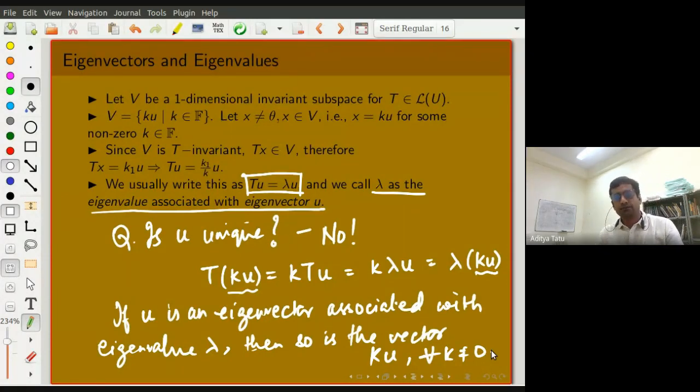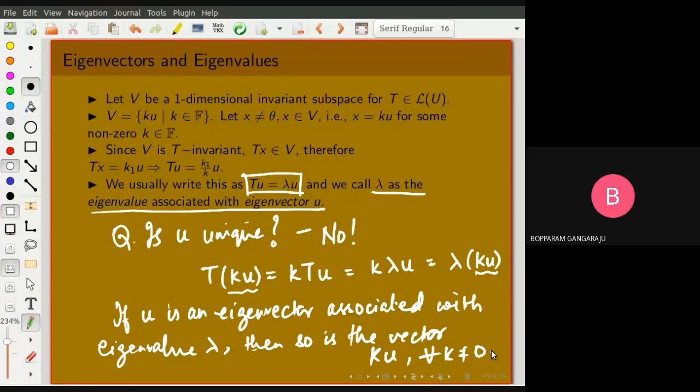Okay, so then let us try to see how we find eigenvalues and eigenvectors. This is something that you may already know, right? Can anybody give me an answer to that? Characteristic equation.